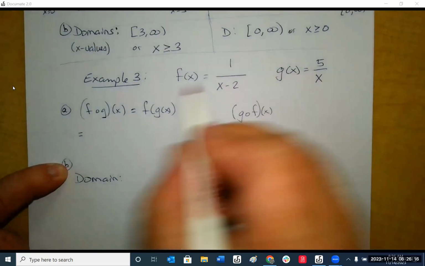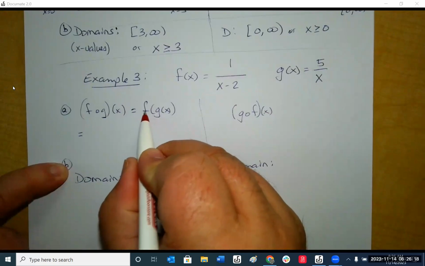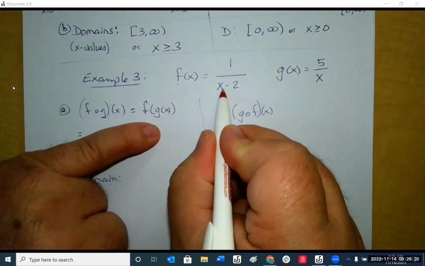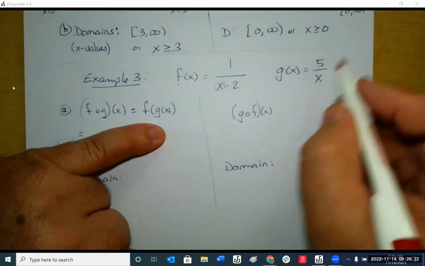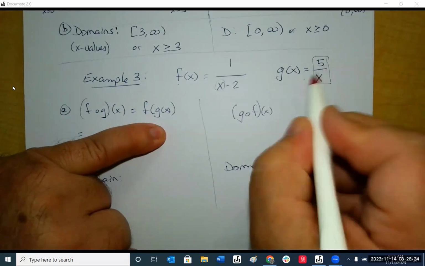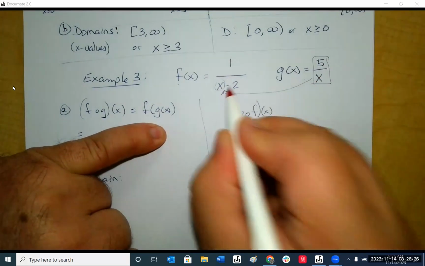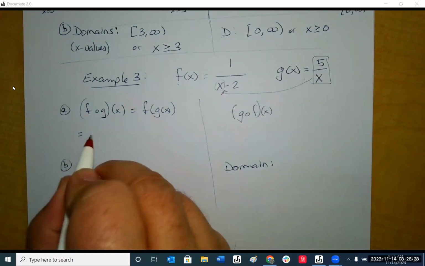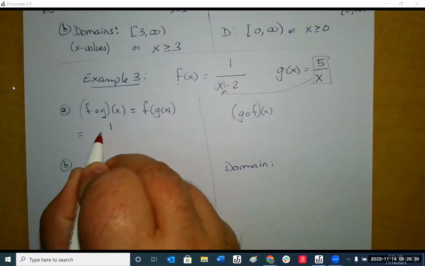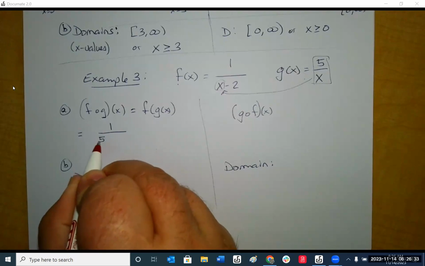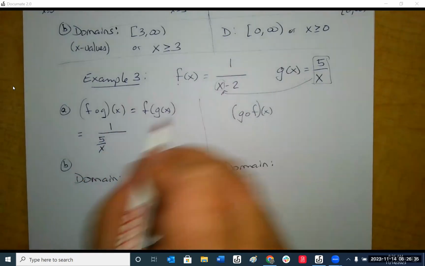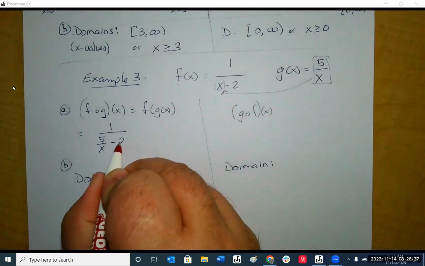Yes, because inside the f function, anywhere I see an x, I put g of x. So I will take this equation and put it in place of that x. So I'll have 1 over 5 over x minus 2.